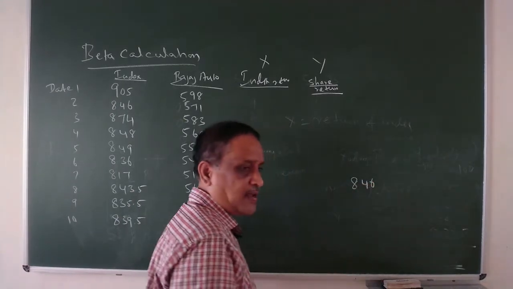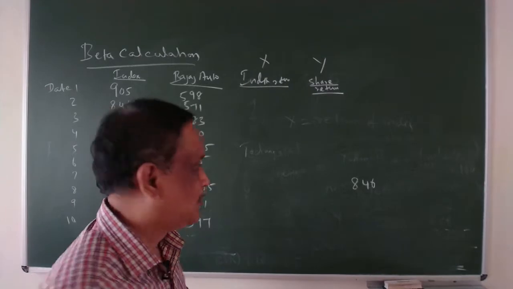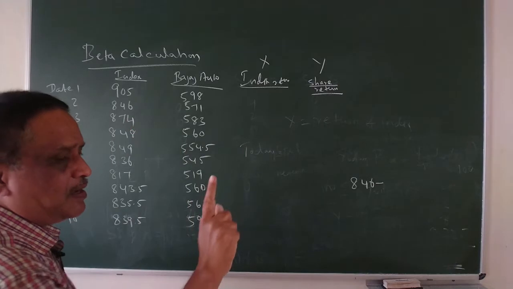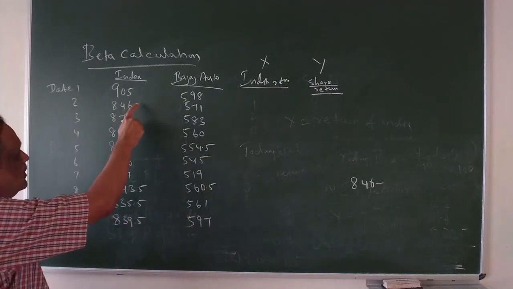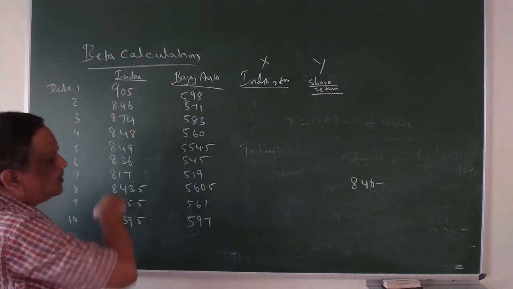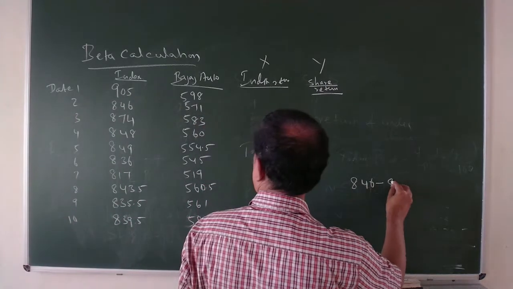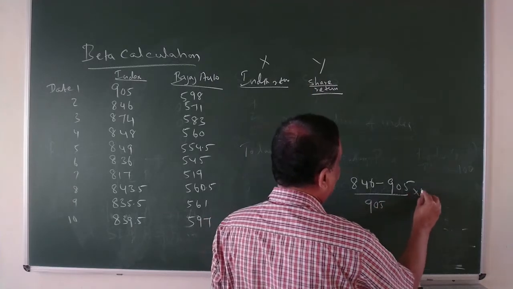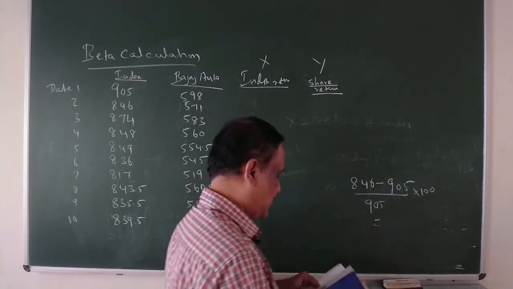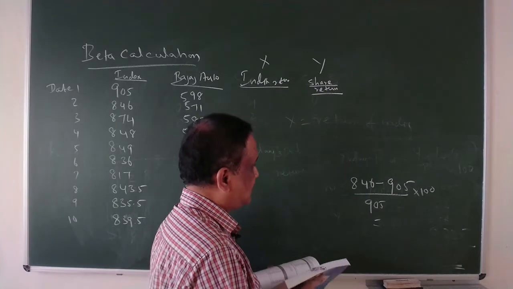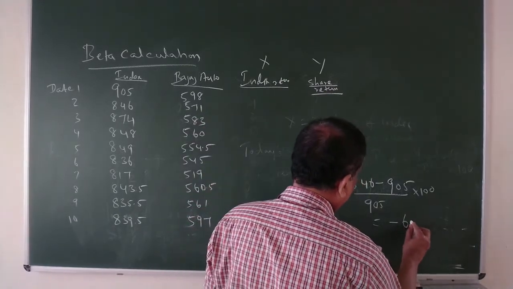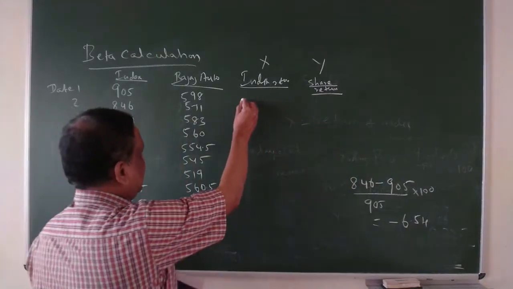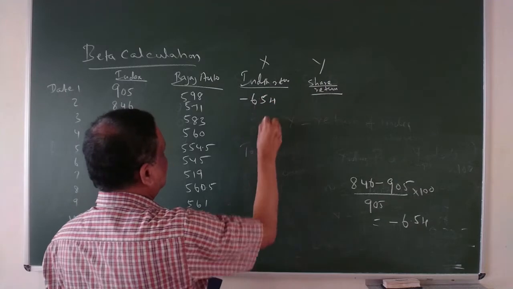See first day ignore, second day we have today's price is 846 minus yesterday's price 905 divided by yesterday's price multiplied by 100, you will get the value as minus 6.54. Okay. So, the first value will be minus 6.54.